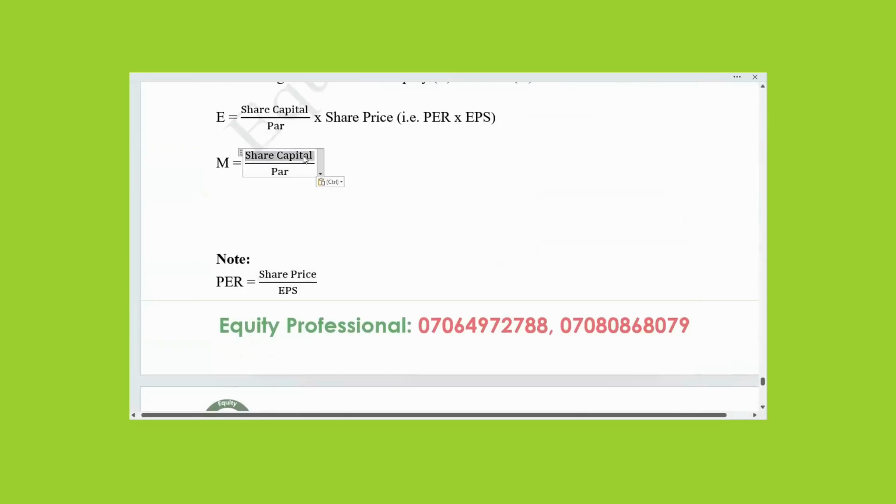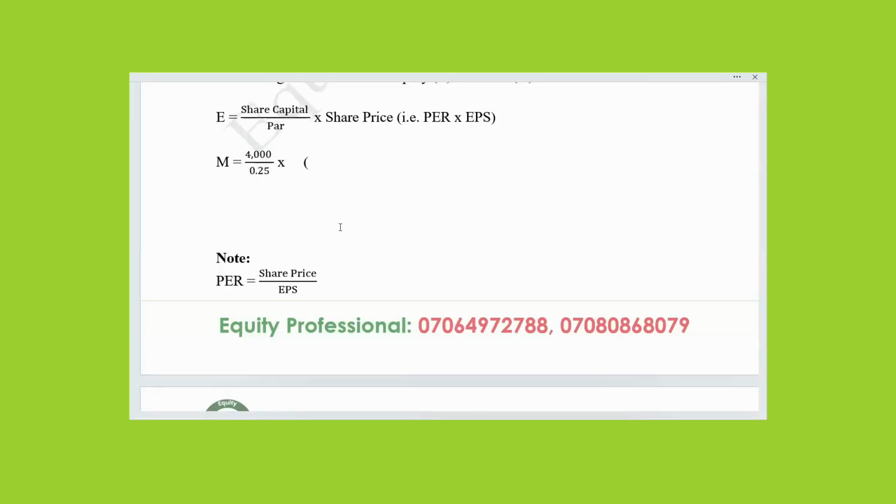So the share capital of Mississippi is 4,000 naira, the par value is 25 kobo, 0.25. Then multiply by, I don't know, we need to go and work it out.